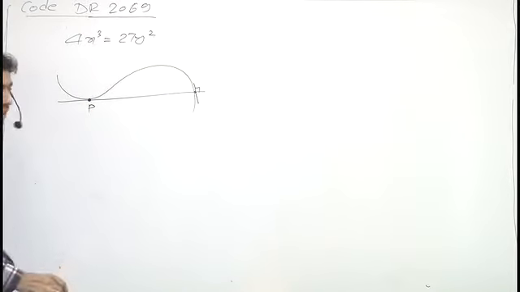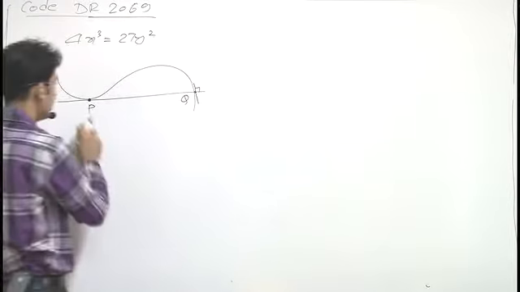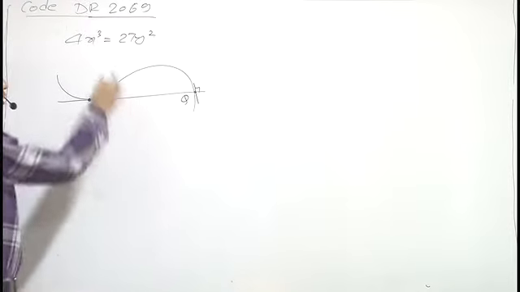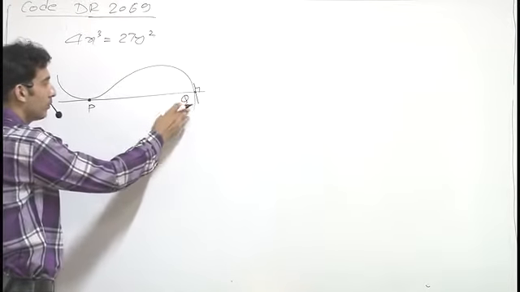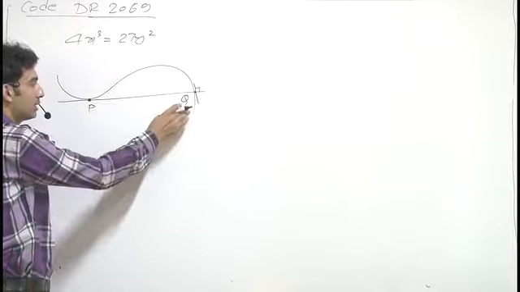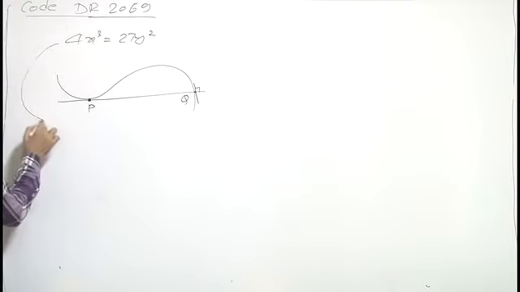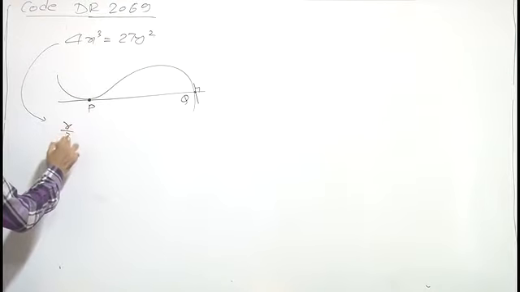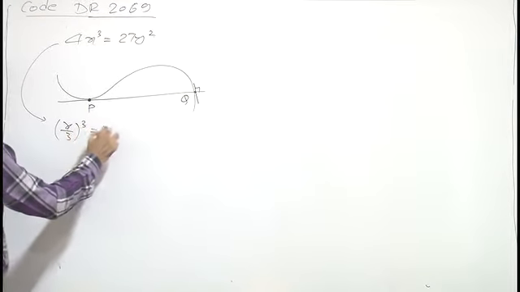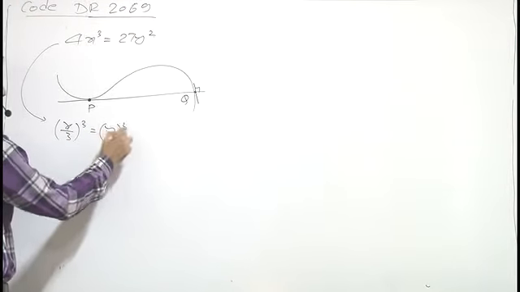So here we are taking point P and point Q. Tangent drawn at point P of this curve is a normal for this curve at some other point Q. So first of all we can rewrite this as (x/3) whole cube equal (y/2) whole square.